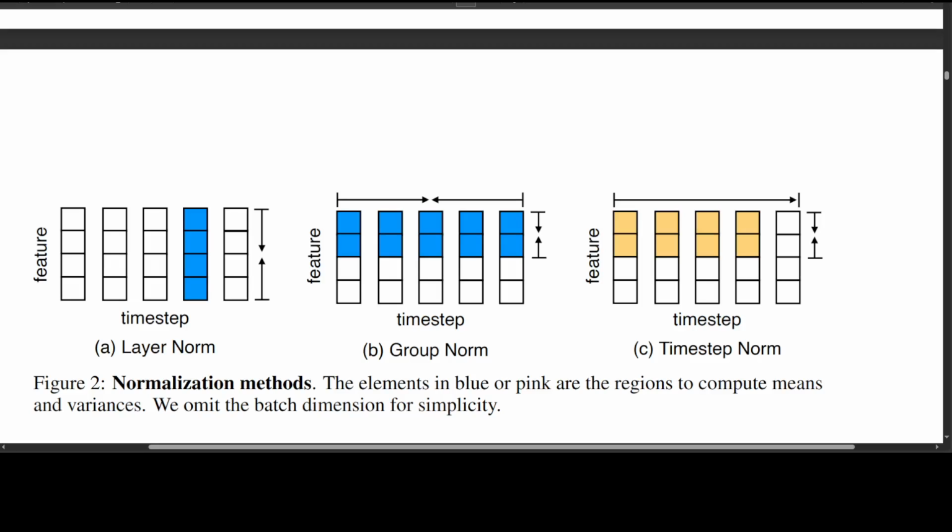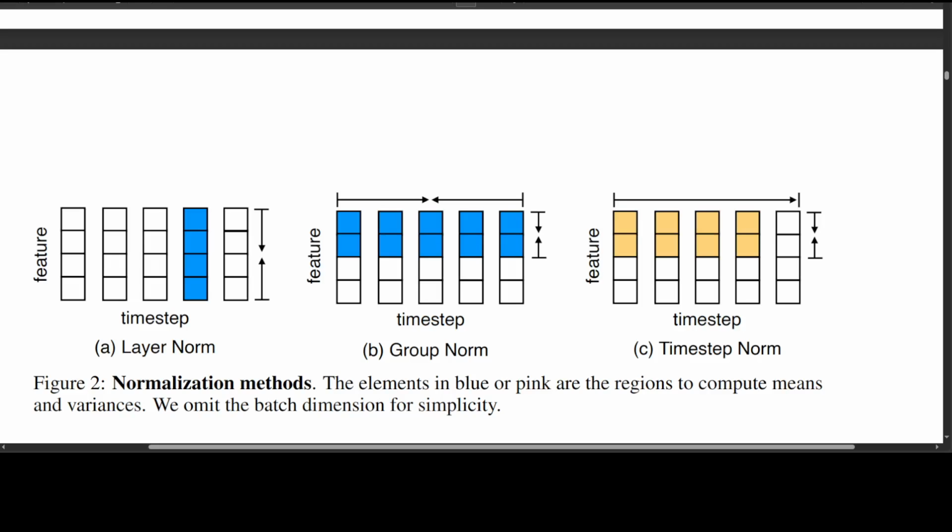Then Megalodon proposes a timestep normalization layer, which generalizes the group normalization layer to autoregressive sequence modeling tasks to allow normalization along the sequential dimension, improving large-scale pre-training stability.